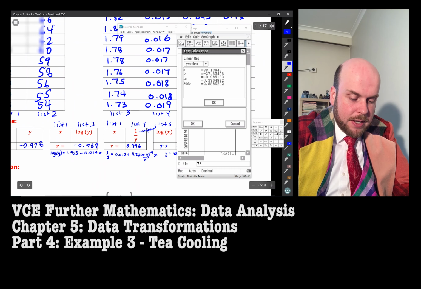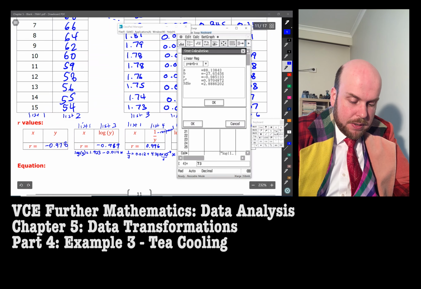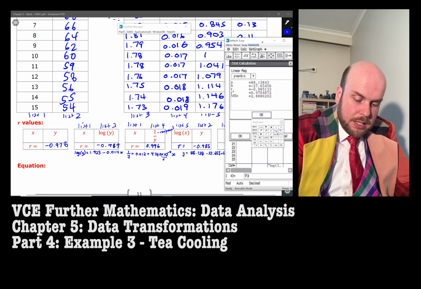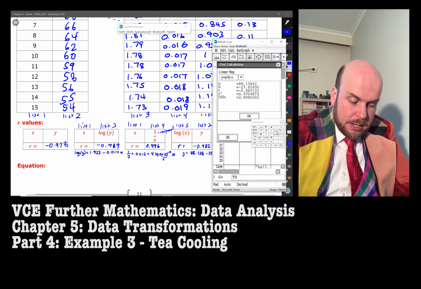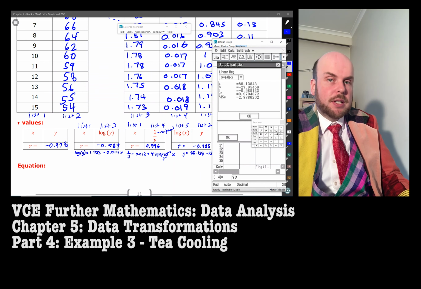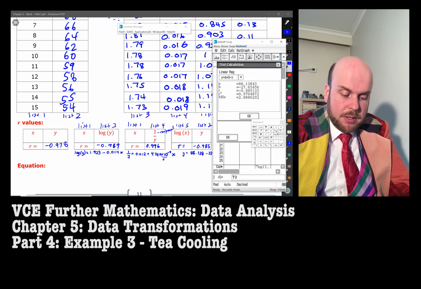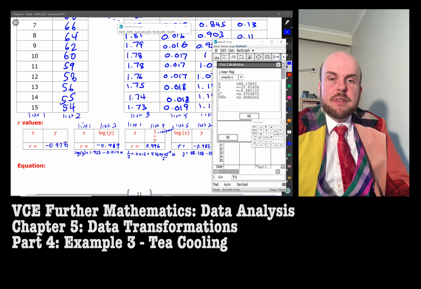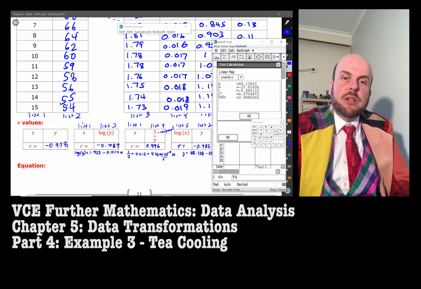So out of our correlations so far, the worst one is still the original. This one is better than that one and better than the log X, so logarithm Y is better than log X. The reciprocal Y is currently the winner, so even though it's gone positive, it is closer to a 1.